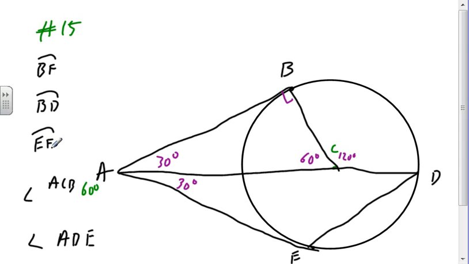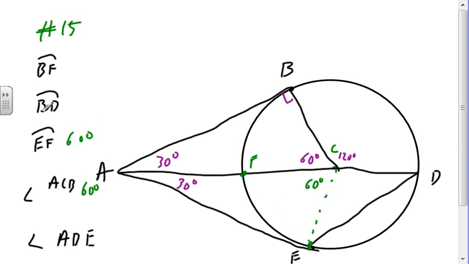EF, where the heck did E and F go? Oh, F is there. So I've got an F sitting here. So E to F. If this one's tangent, then I have a construction line going like that, and over here I've got 60 degrees, so E to F would be that 60 degrees.